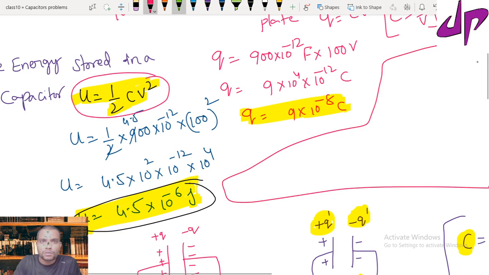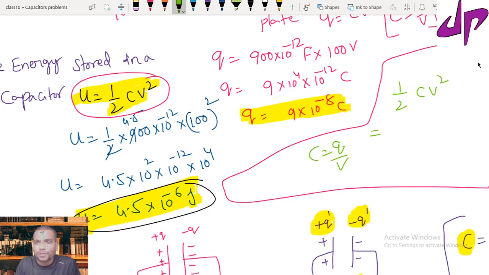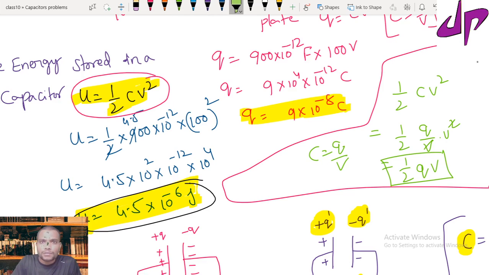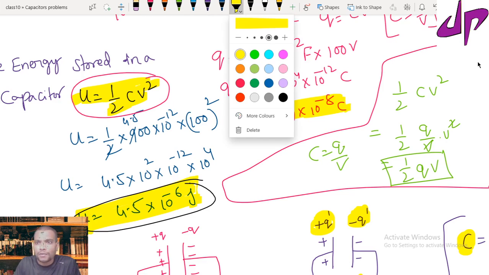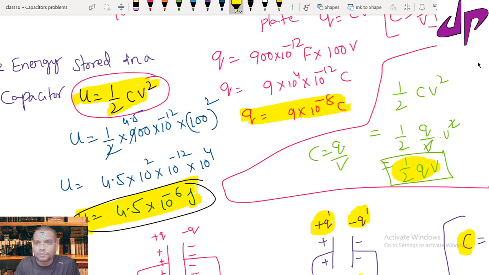So this is one of the important points. Here I solved half cv square, but c equal to q by v. If you substitute that value there, that becomes half q by v times v square, and v gets cancelled, which equals half qv. So I want to say that half cv square and half qv are both the same.